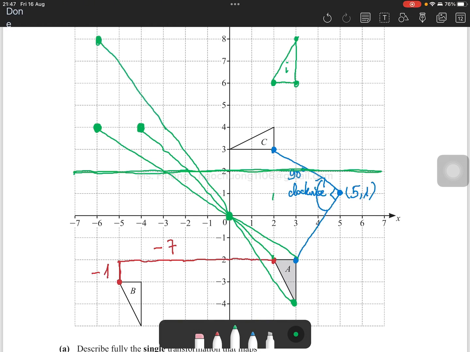So the image will be here. And the final answer for that is, I will use this one. This is the image of the shape A after an enlargement. Scale factor -2, center 0, 0. And that's it.